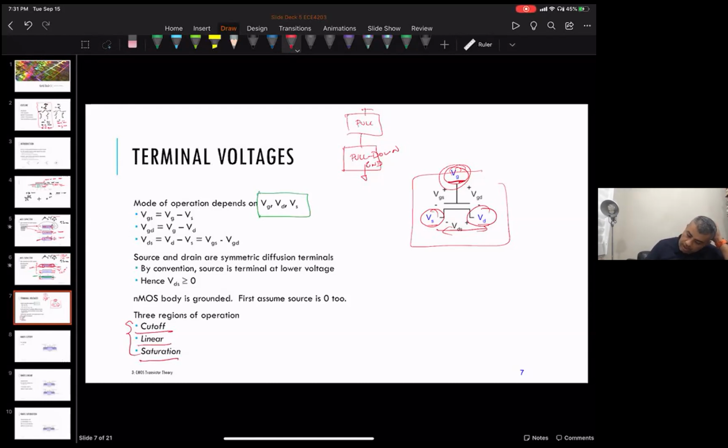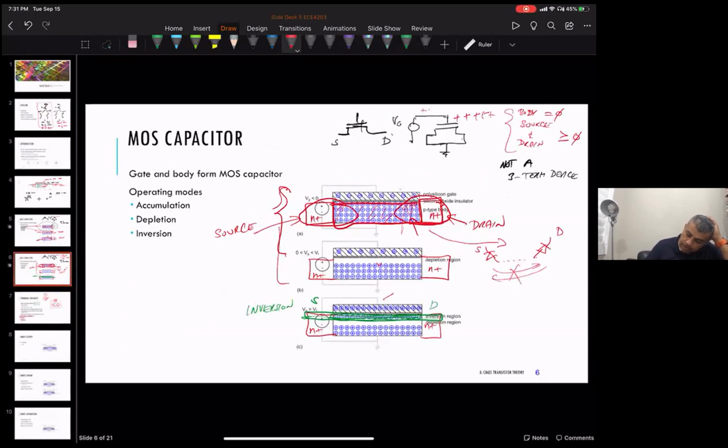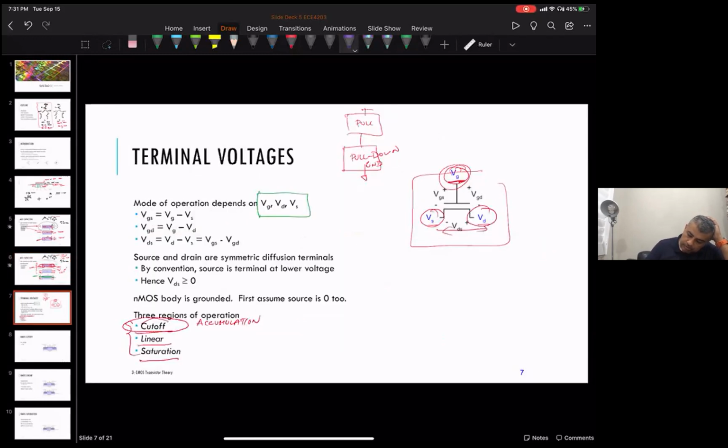So in cutoff, we are in accumulation mode from a gate standpoint. In linear and saturation mode, we're in inversion.